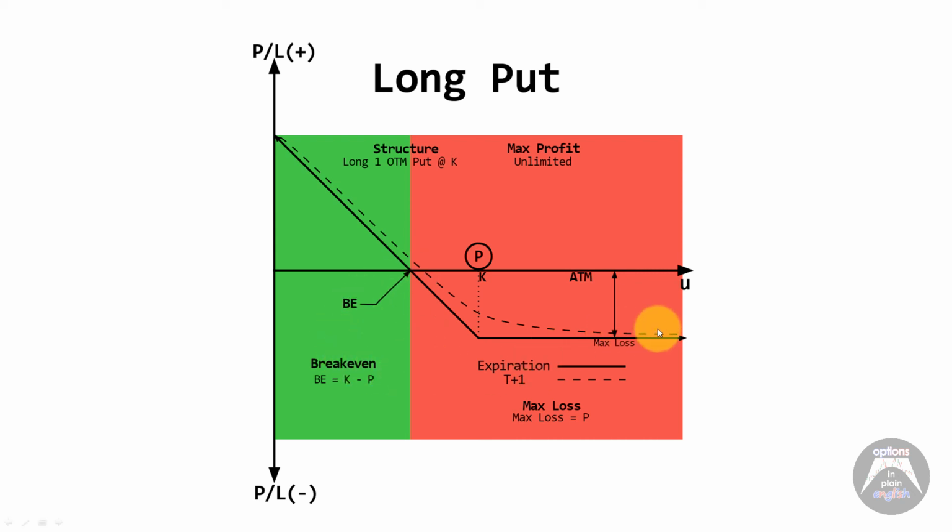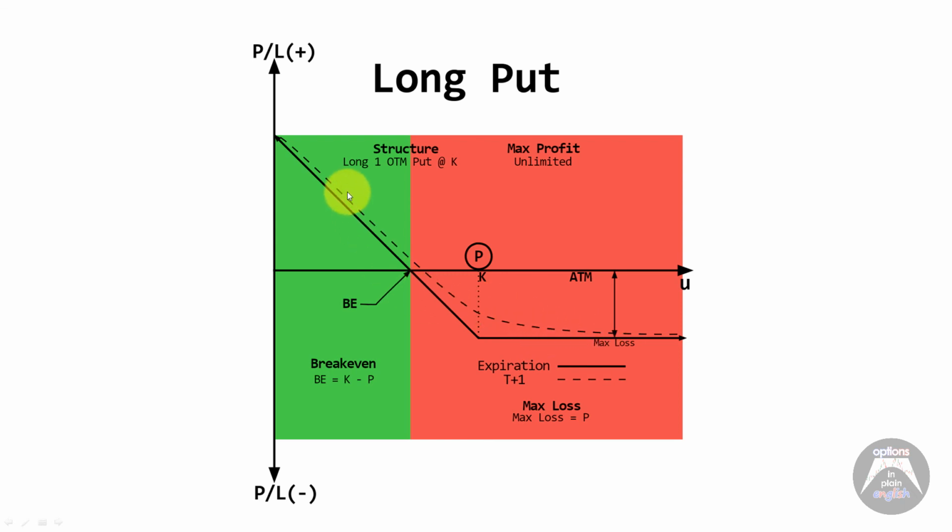So just like we did with calls, the solid line in this case represents the value at expiration, and the dashed line represents the value at any point prior to expiration.